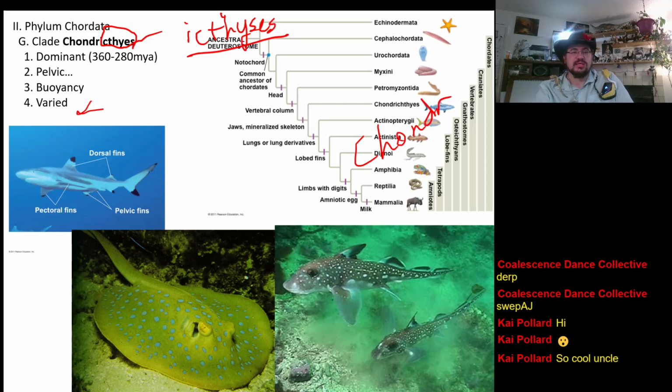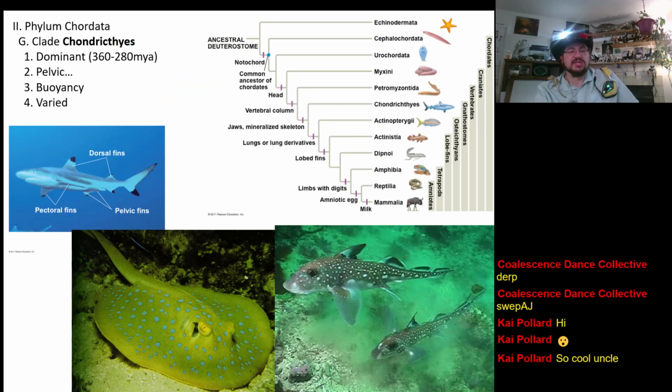Chondra is the Latin prefix that refers to cartilage. So these are the cartilaginous fish. What does it mean to be a cartilaginous fish? That means that your skeleton is made of cartilage.